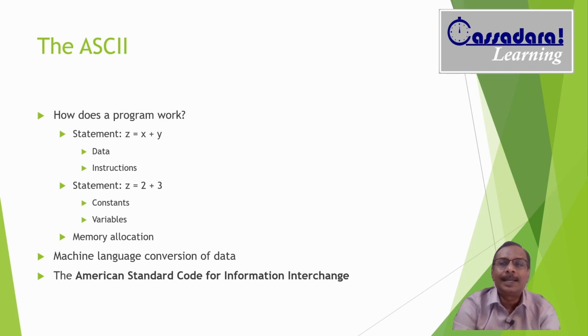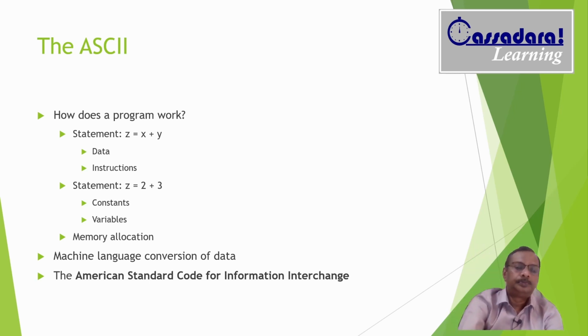But when it comes to characters like A, B, C, etc., and there are other things like special characters, symbols like plus, minus, star, slash, everything is there, right? Quotations, all those things. So to represent these characters, we need a standard way of converting them into binary numbers.